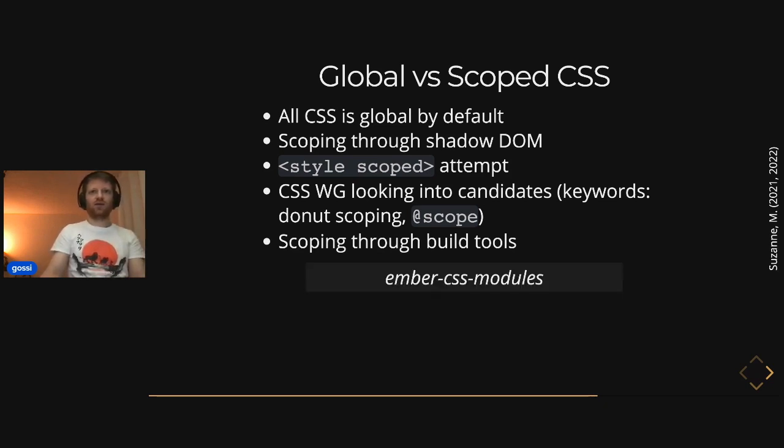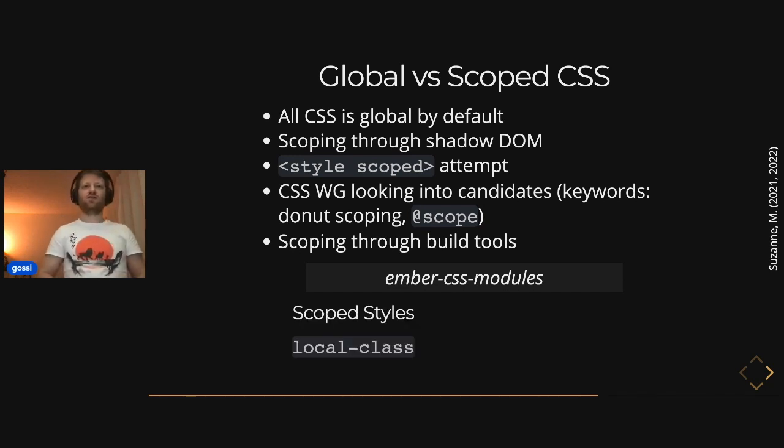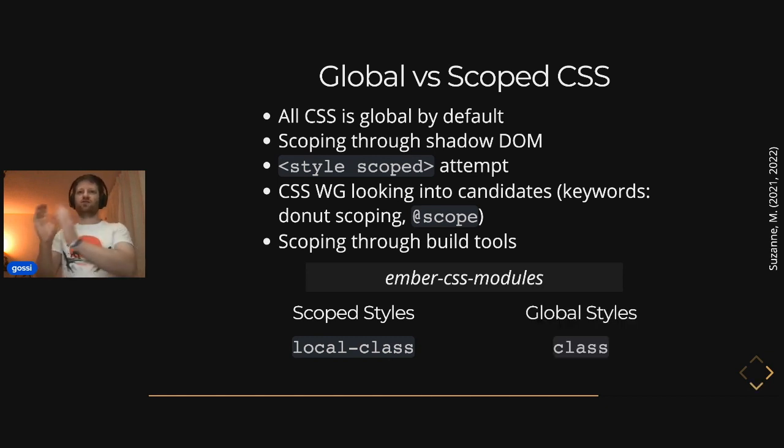So for Ember, we have Ember CSS Modules available, which appends a hash to our class name and makes it unique. This gives us a local class attribute, and with that we're using local, scoped styles. Whereas if we just use class, then we use global styles.